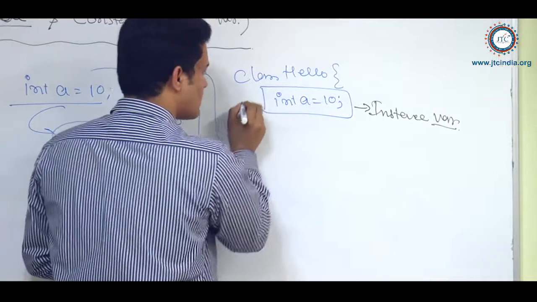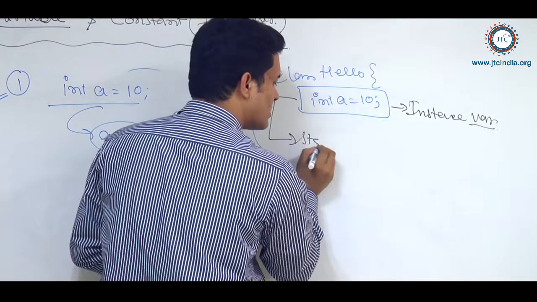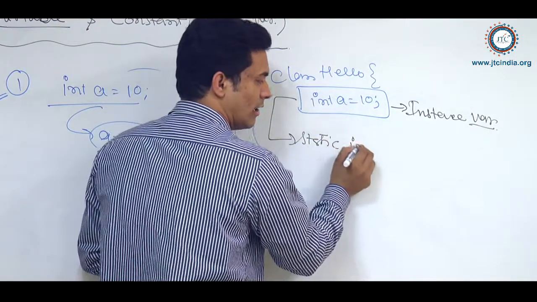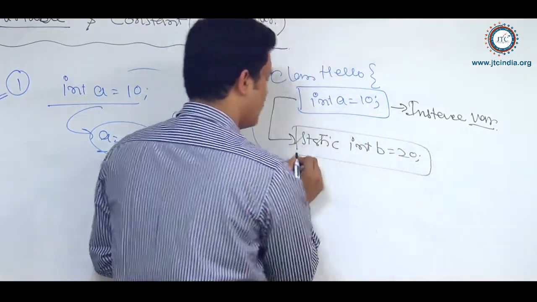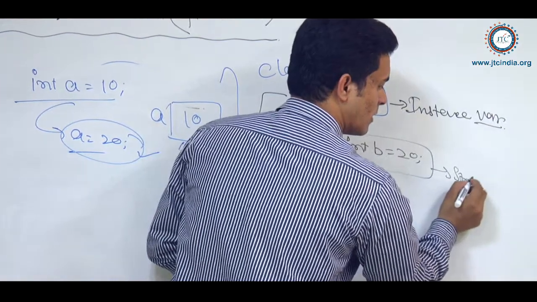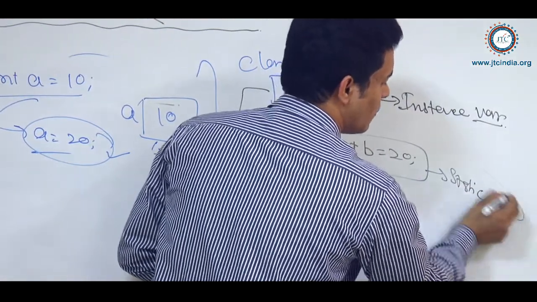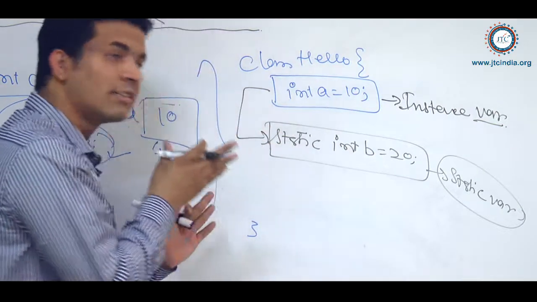At the same time, when I am declaring static int b = 20, this variable will be a static variable.